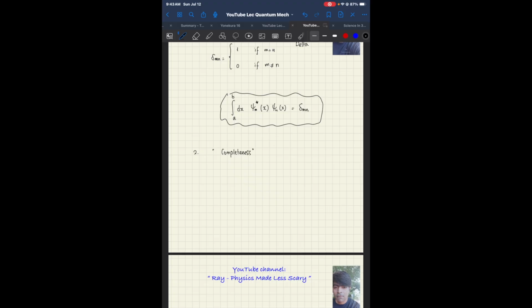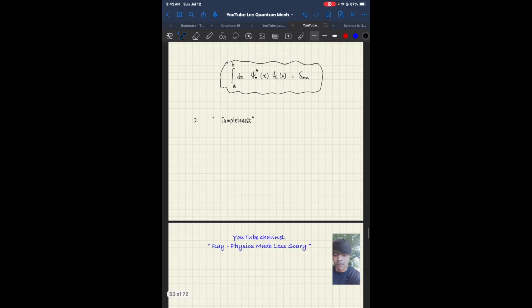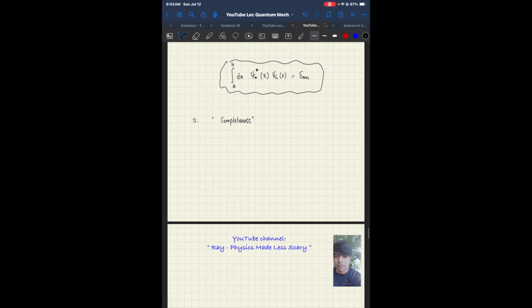And completeness, by definition, in maths, means that you can have any arbitrary function f(x), for example. This is arbitrary, except the fact that it can at best have a finite number of finite discontinuities. It cannot have infinite discontinuities.